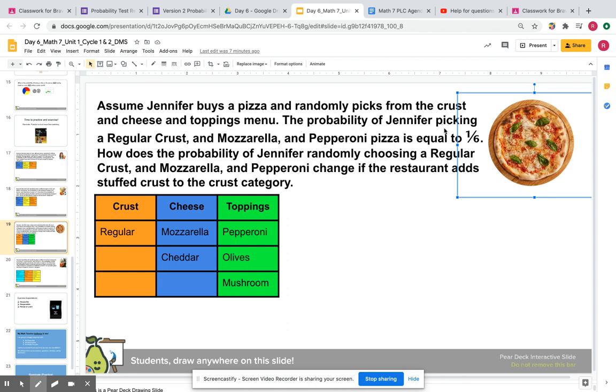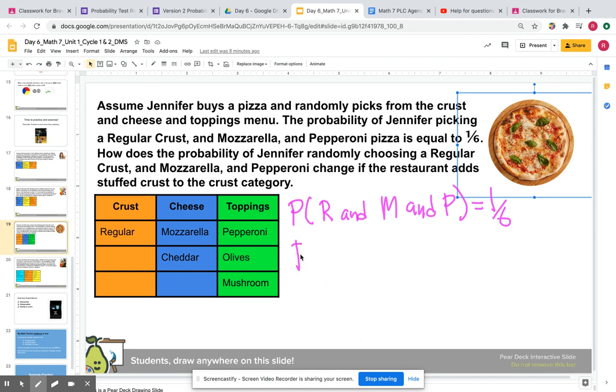All right, the probability of Jennifer picking regular crust and mozzarella and pepperoni pizza is equal to 1/6. So the probability of her picking particularly these items from these categories is 1/6. I'm going to quickly go over and explain where the 1/6 comes from. So the probability of her getting regular and mozzarella and pepperoni is equal to 1/6.